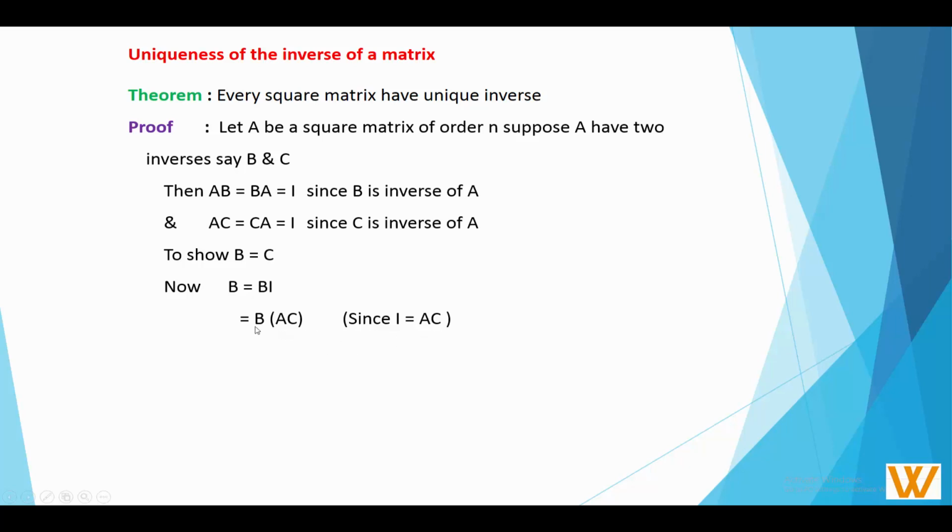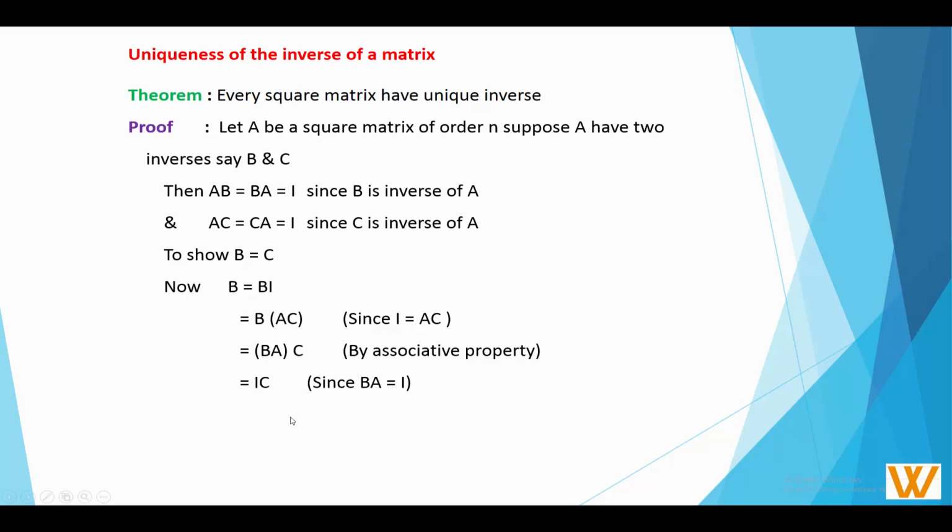Now apply the associative property. Use this bracket for the first two terms. B into AC is written as BA into C by the associative property. Now BA is I, so I into C, because BA equals I. I into C is only C, because I is the unit matrix.